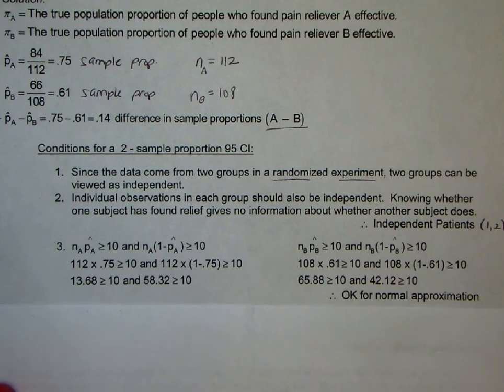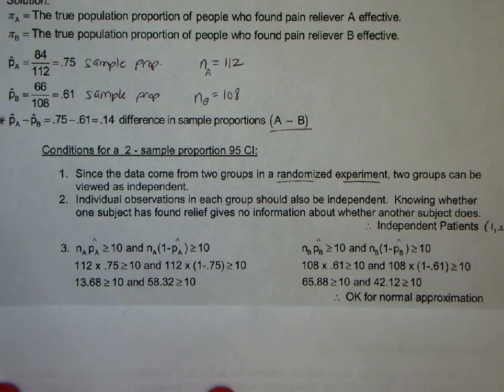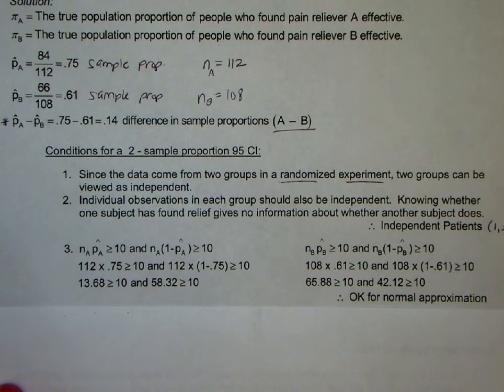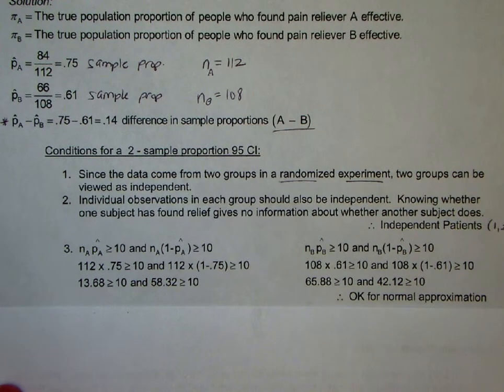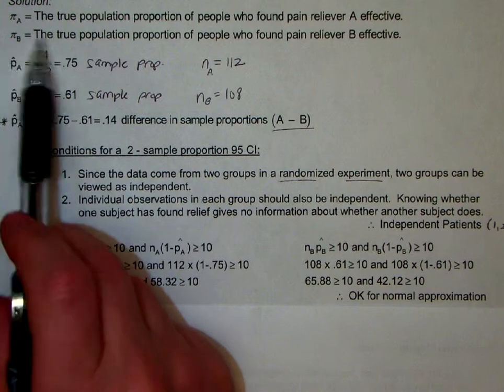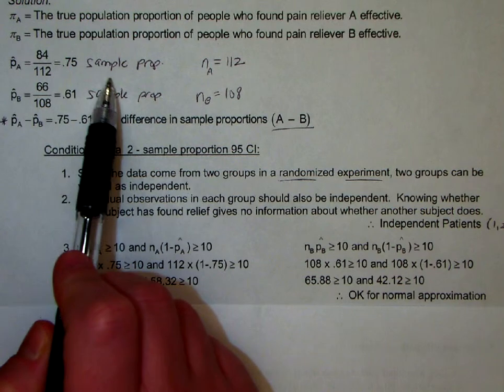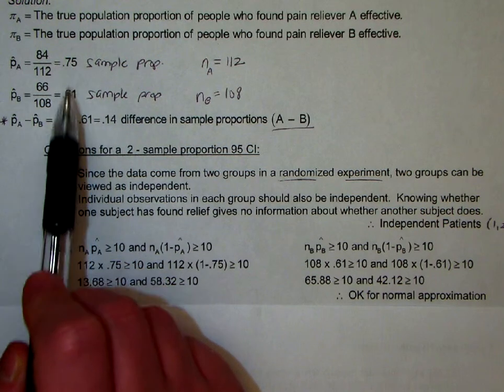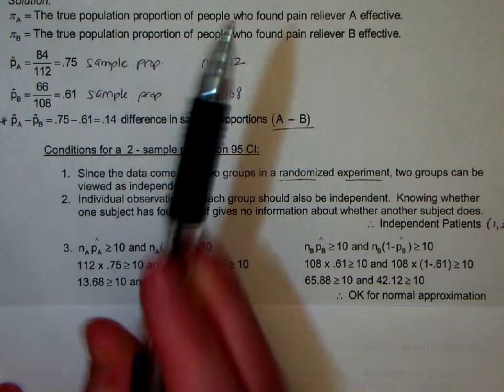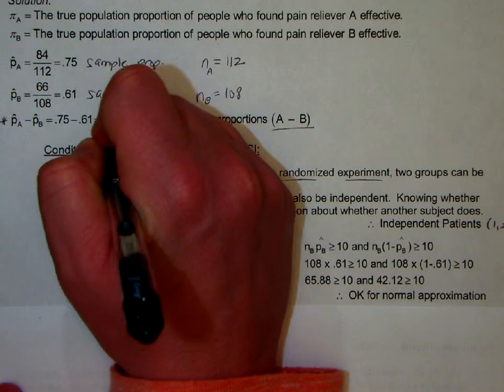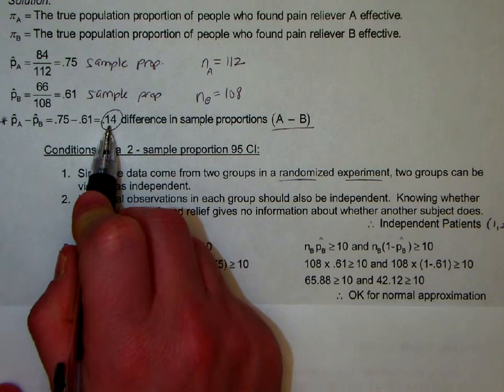So I'm going to draw my curve. And remember, it's all about the differences. And so you're going to notice I don't have any pi's, so I can't put that in the middle of the curve. And I have these two individual samples. So the way that we bring these two samples together is looking at the differences. This is going to be in the middle of the curve.